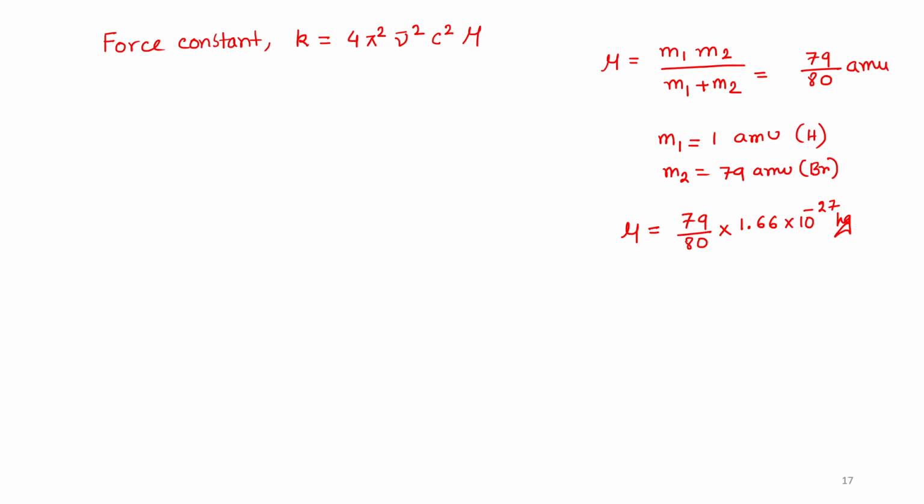If you divide the AMU by the Avogadro number, you get grams, and from grams you can go to kg by dividing by 10 to the power 3, right?